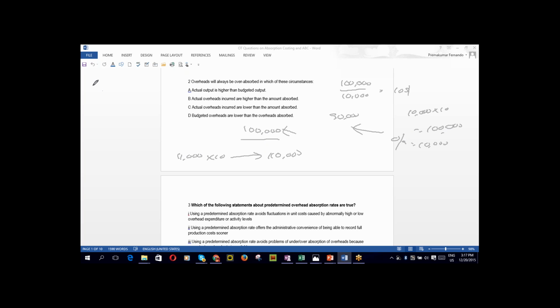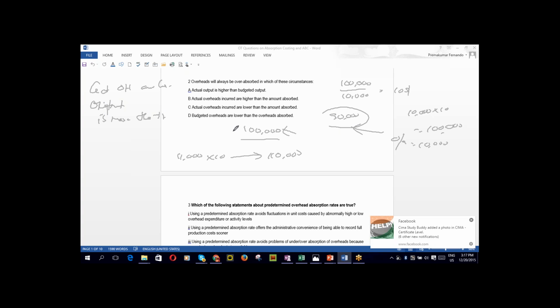One, when the actual overheads are less than the budget. Two, when the output is more than the budget. In the first situation, actual overheads are less: 100,000, but it was 90. In the second, it's 100,000, but we have produced not 10,000, we have produced more. In both these situations, over absorption will occur.